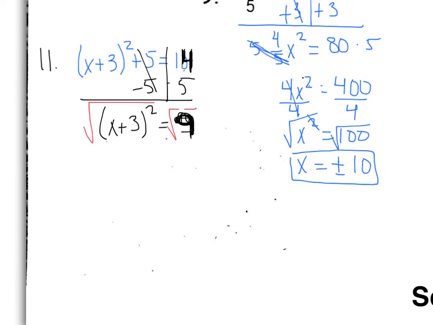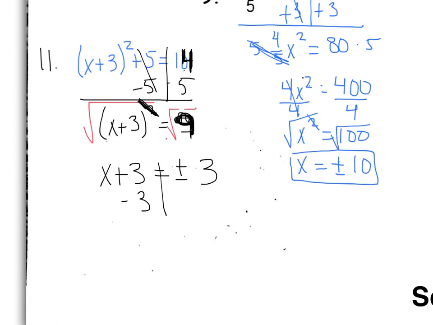So when I square root both sides, it gets rid of my square root and my square, leaving me with x plus 3 equaling plus or minus 3. Now here's where the tricky part comes in. Because you have an answer of plus 3 and minus 3, when you go to solve for x and subtract 3, you have to subtract 3 from both 3 and negative 3.